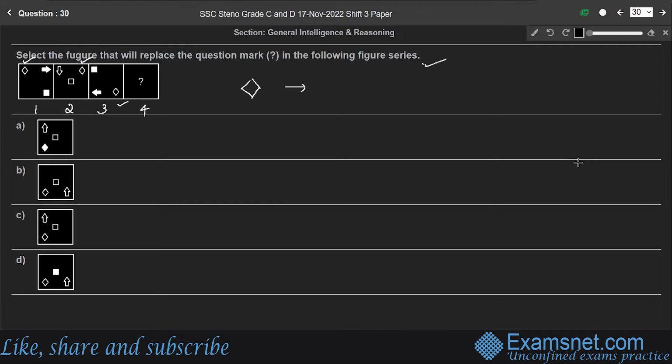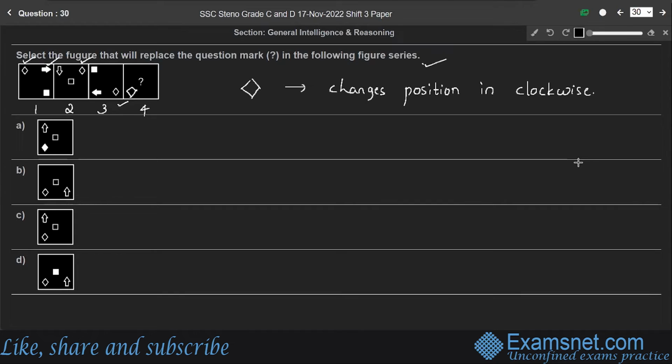Therefore, the diamond changes its position in clockwise direction. So in the 4th figure, its position has to be at the bottom left corner.